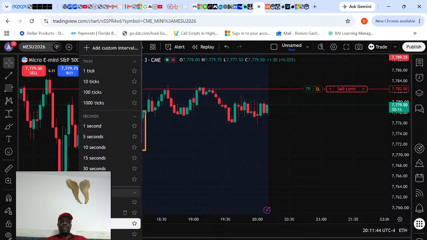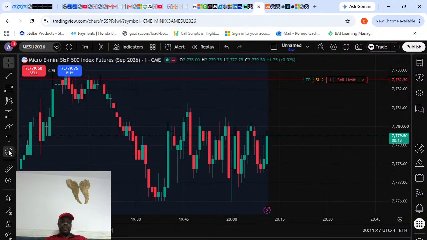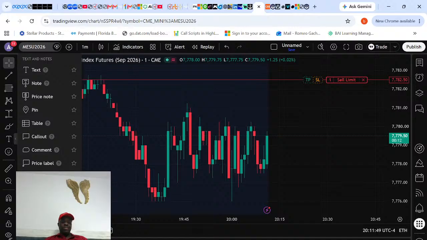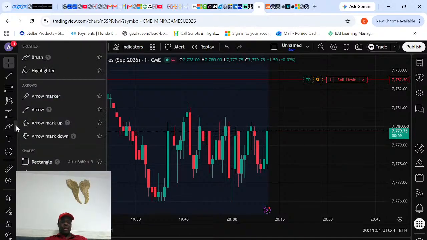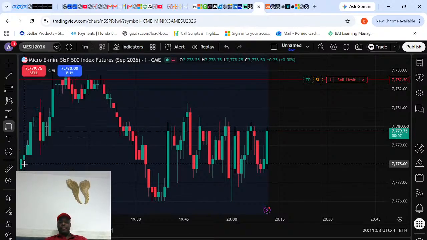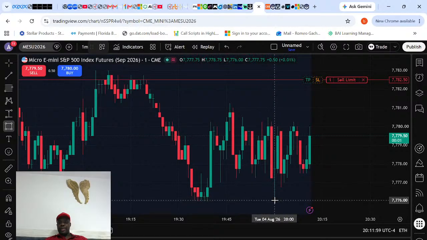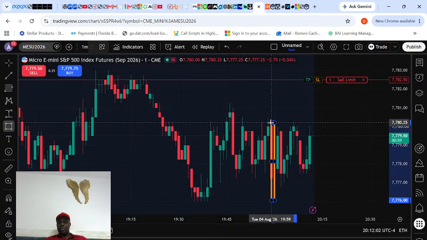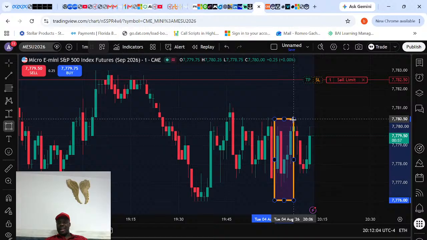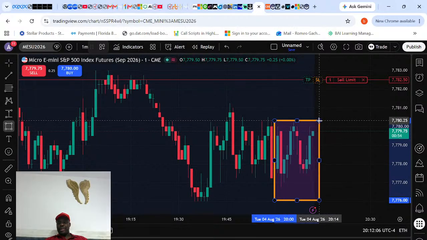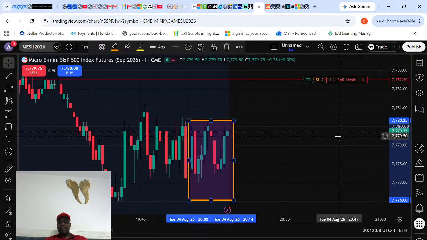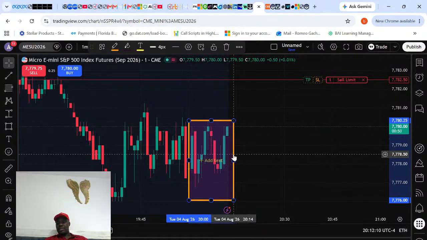So we go to the 1 minute and we take our rectangle, and we go to 8 o'clock, which is here. This is the bottom of 8 o'clock right here. I take the bottom and go all the way to the top of 8:15. That's the top. Right now this is 8:14, so we got to wait 3 more minutes to see exactly where it's at.